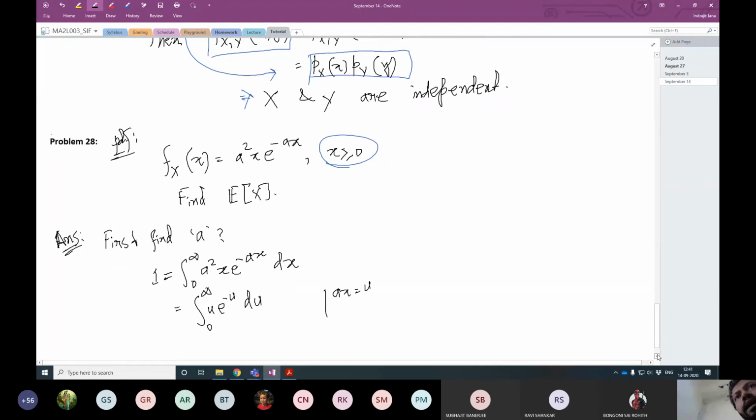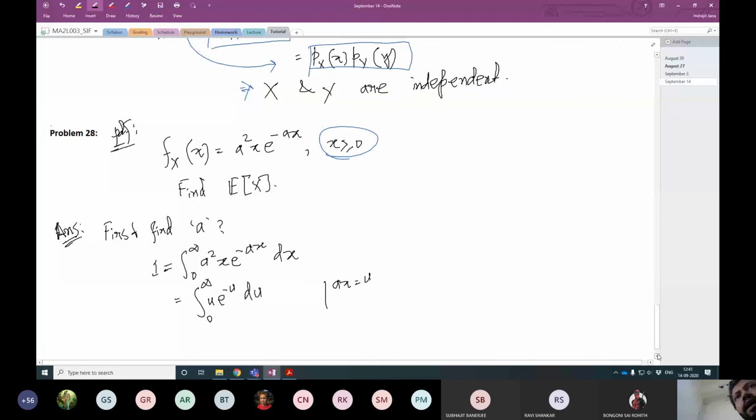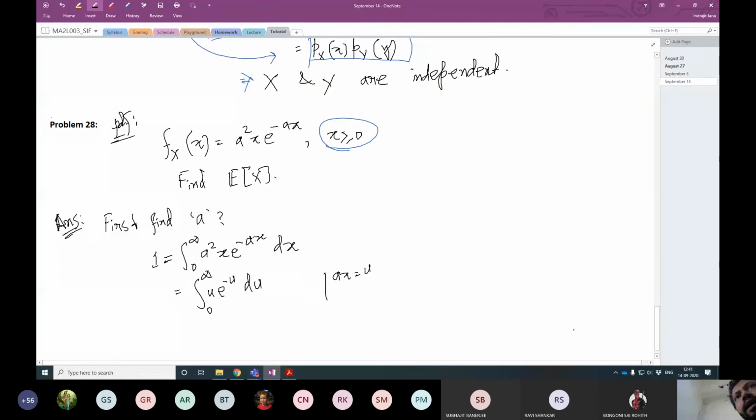And this is always equal to 1. If you do the integration by parts, this is always going to be equal to 1. No matter what the value of a is, okay, good. So this is true for all a. We have this integration equal to 1.